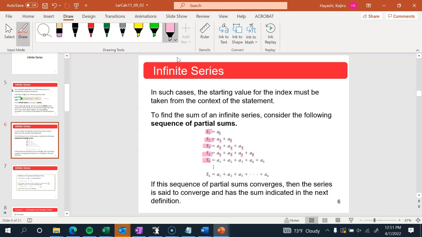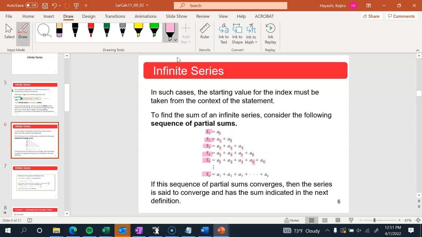If you make enough of these, sometimes you can suss out a pattern as to where these partial sums are going. Like, as you add on more and more terms, are the partial sums getting closer and closer to some value? And if so, then it's very likely that the entire infinite sum is that value that these partial sums are going to.